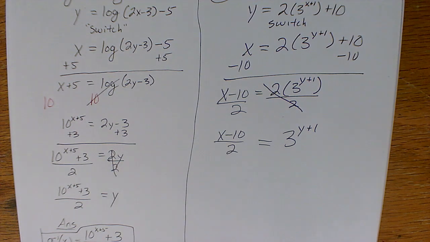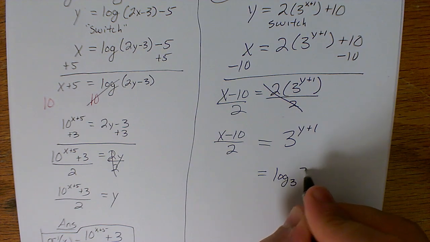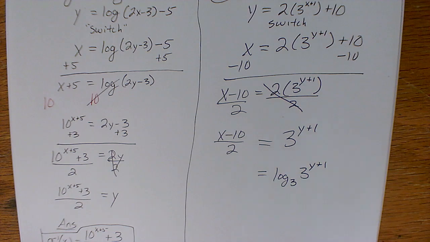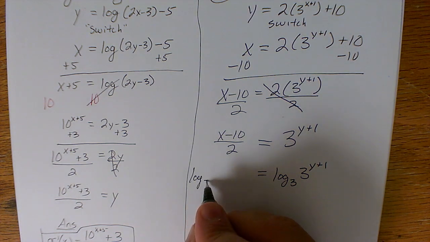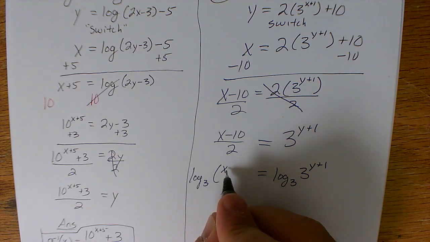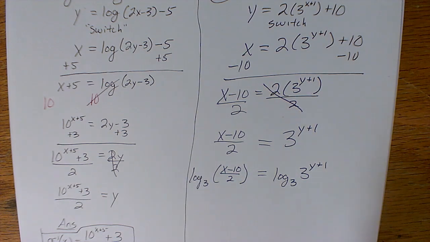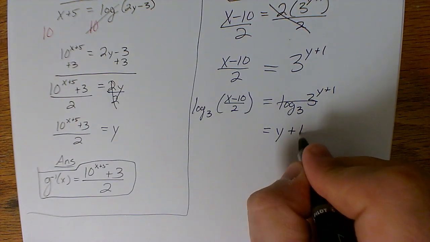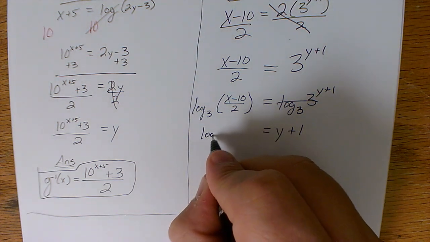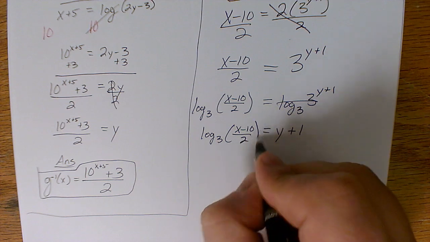So we will take the log base 3 of 3 to the y plus 1 on this side. But we'll also then do log base 3 of this side, because then those will cancel each other out. We will be left with y plus 1. And then on the other side, you have log base 3 of x minus 10 over 2.